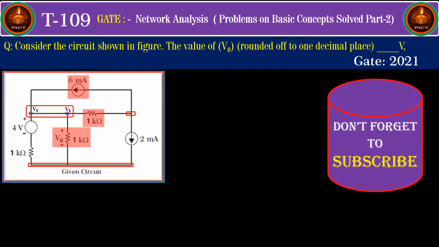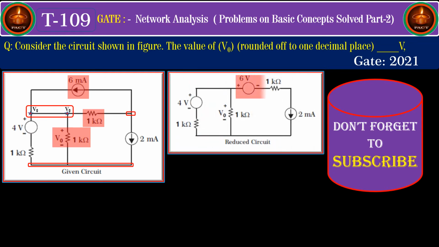By converting this current source, 6 milliampere into 1K will give you 6 volts, and 1K is in series with it.